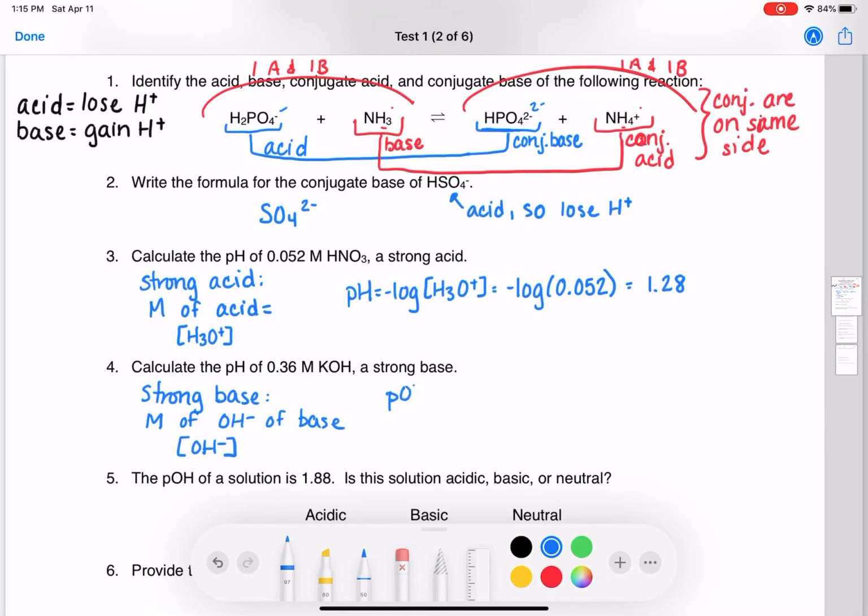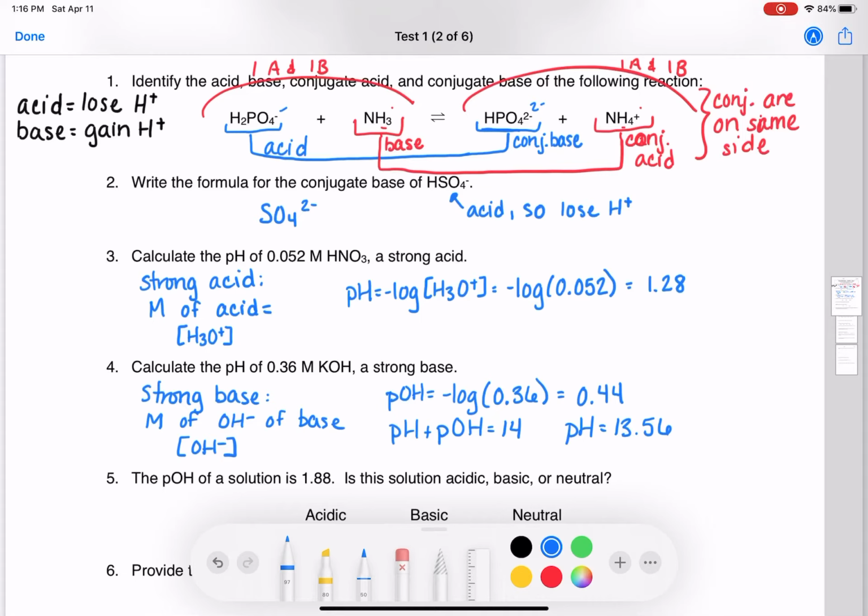So pOH is the negative log of 0.36, which is 0.44. pH plus pOH equals 14, so the pH is 13.56.